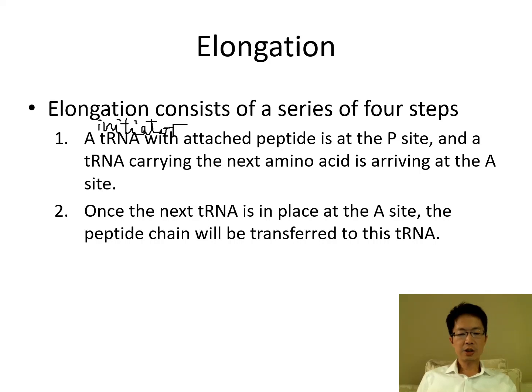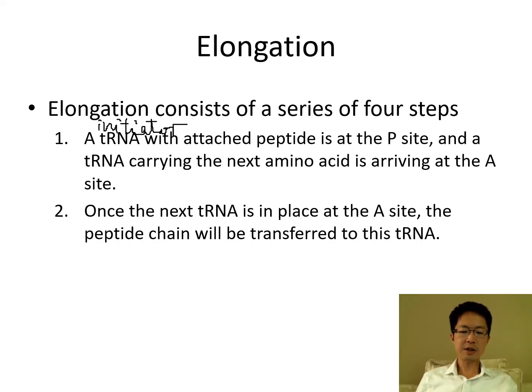And the initiator, I already told you, has the start codon, AUG, and the amino acid carried by this tRNA is coded for methionine. Methionine is usually the first amino acid in a polypeptide chain.